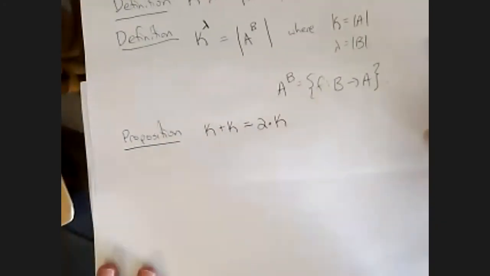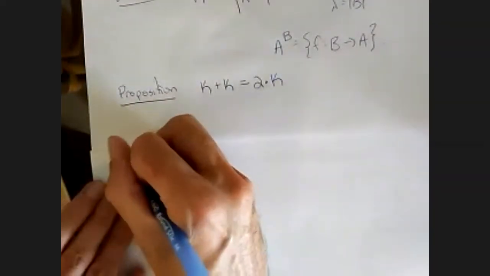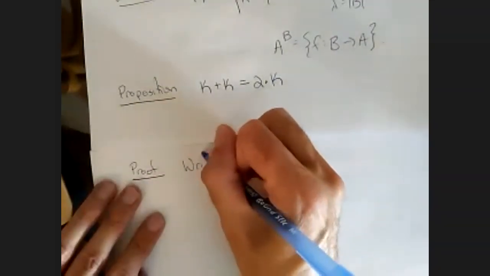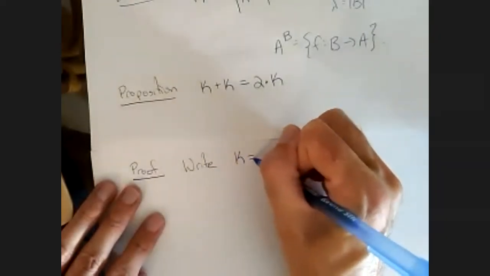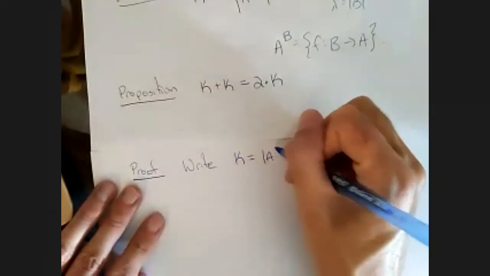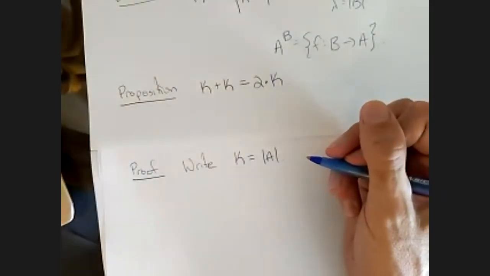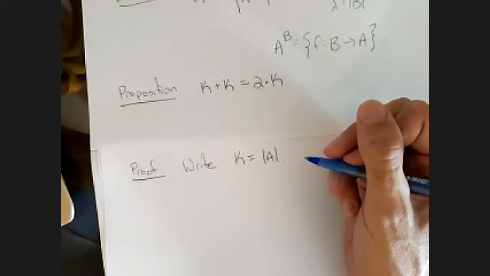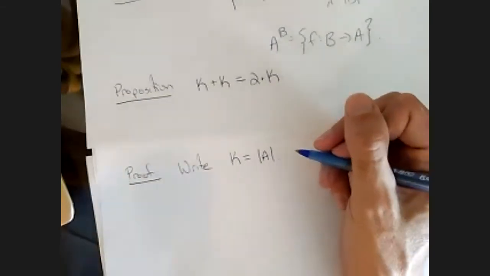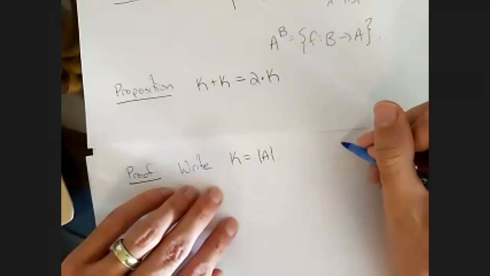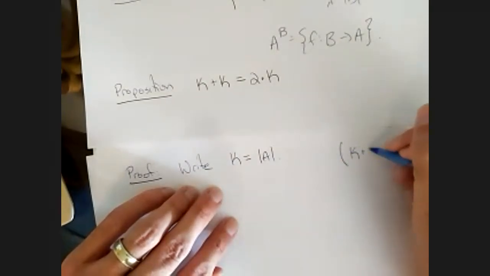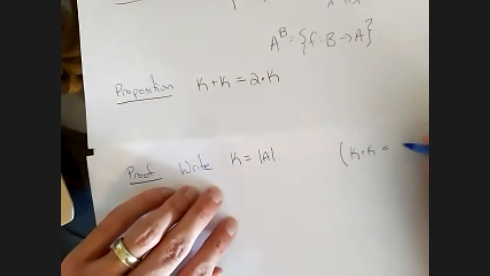So let's first unravel what this means. Let kappa be the cardinality of A. Now we can't just do kappa plus kappa. We want to do the cardinality of A union A, except A and A are not disjoint, so that doesn't work.